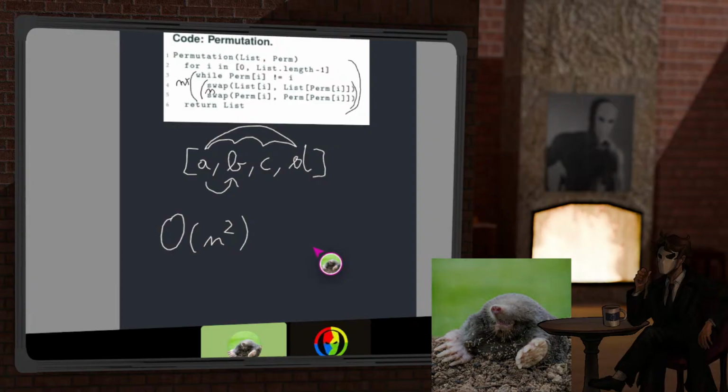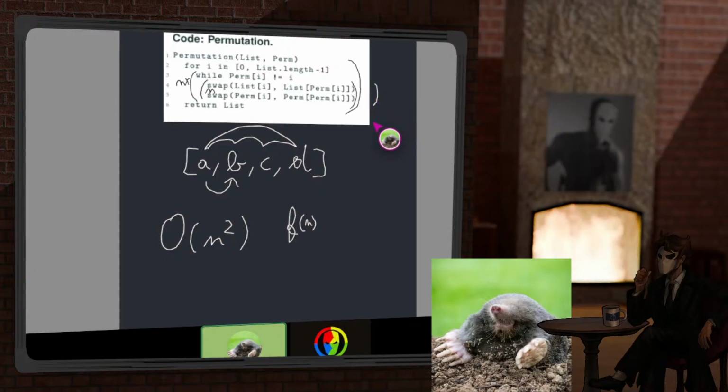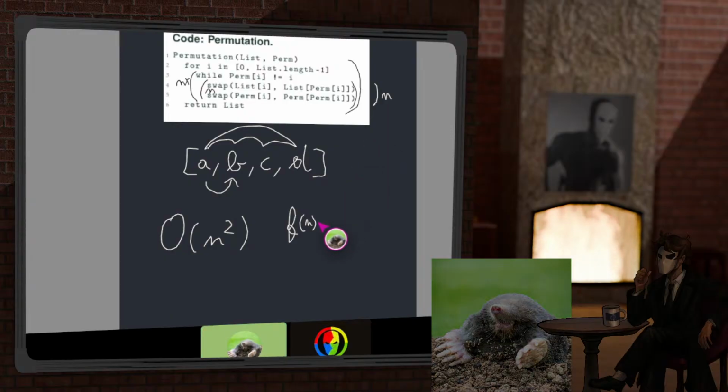So that means that for our function representing the time the algorithm takes, we don't know exactly on which loops the swaps will be done, but we know that there will only be a maximum of n swaps.